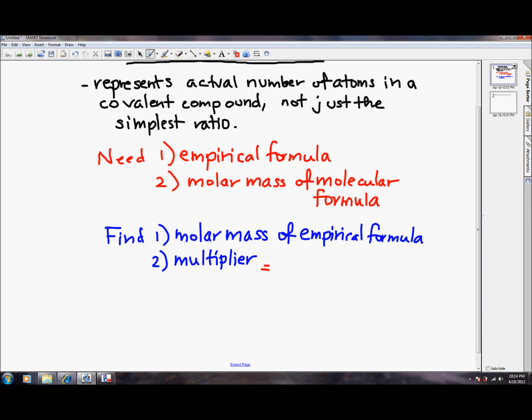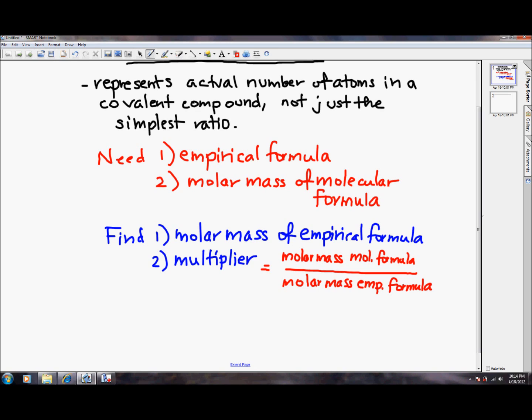The multiplier is going to be the molar mass of the molecular formula over the molar mass of the empirical formula. We're going to see in just a little bit what we are going to do with this multiplier once we have identified what it is.